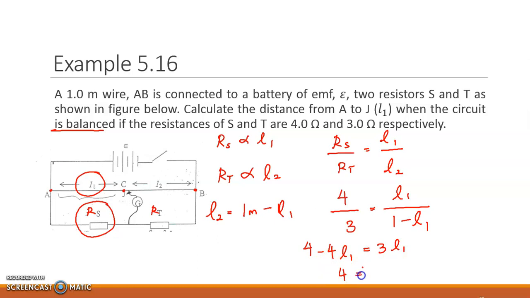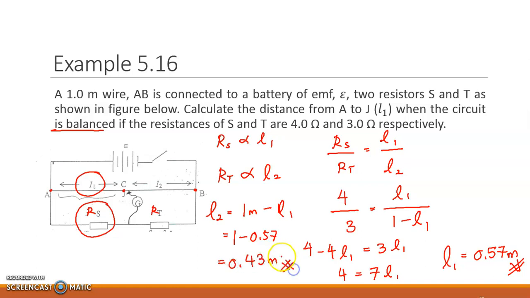So 4 equal to 3 plus 4, which is 7L1. So L1 is equal to 0.57 meter. If you want to know the value of L2, then 1 minus 0.57 meter, you will get 0.43 meter.